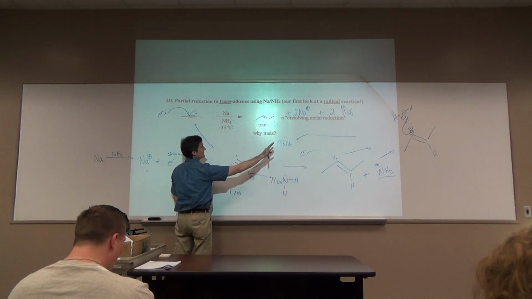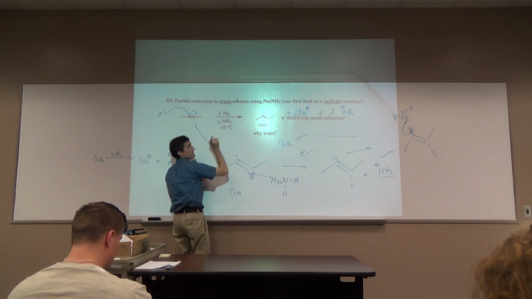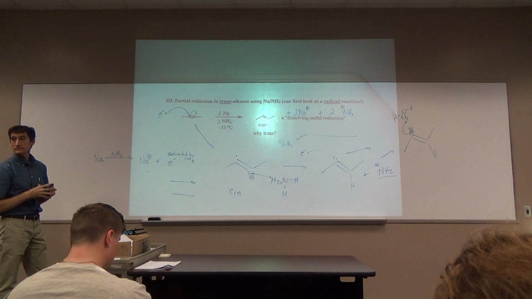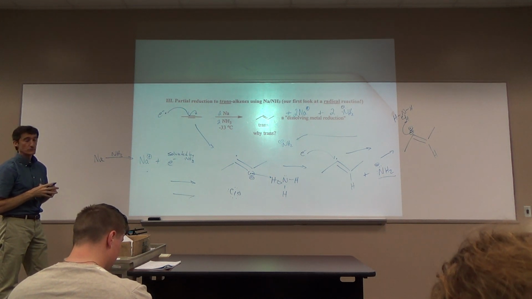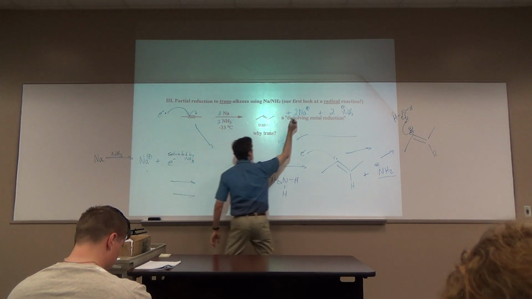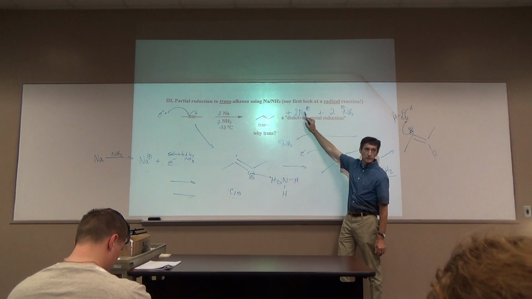Now, it's not balanced, because that tells us we need 2 sodiums and 2 ammoniums. Now everything should be balanced. 2 sodiums on this side, 2 sodiums on that side. But the sodium is now an ion. And guess what? The ion will be dissolved.